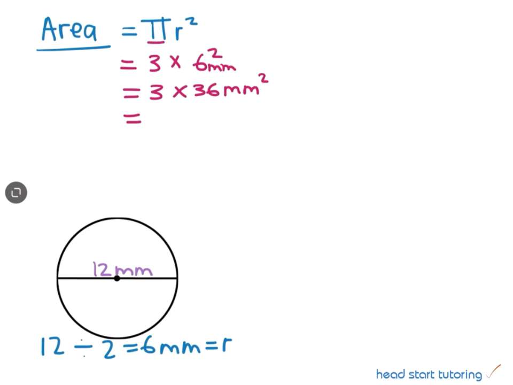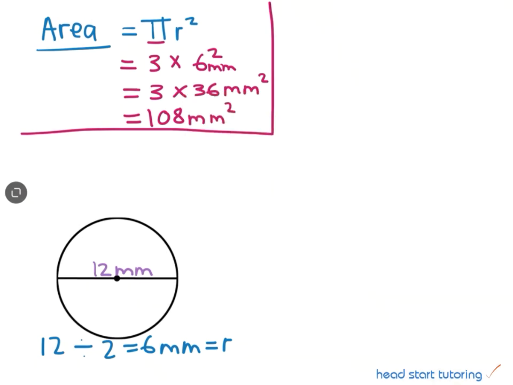So 6 millimeters multiplied by 6 millimeters gives us 36 millimeters squared. 3 multiplied by 36 millimeters squared will give us an answer of 108 millimeters squared. So the answer to the area of this circle is equal to 108 millimeters squared when we use pi equal to 3.